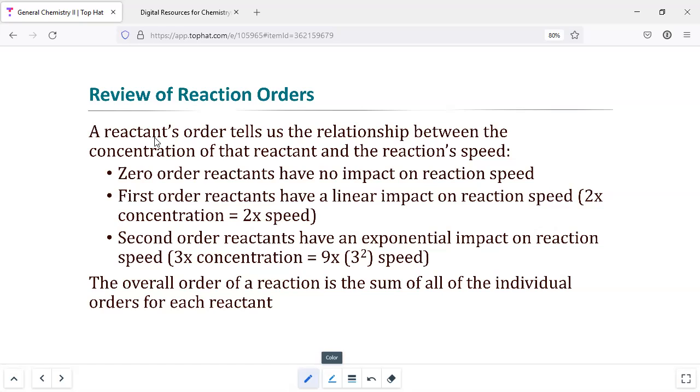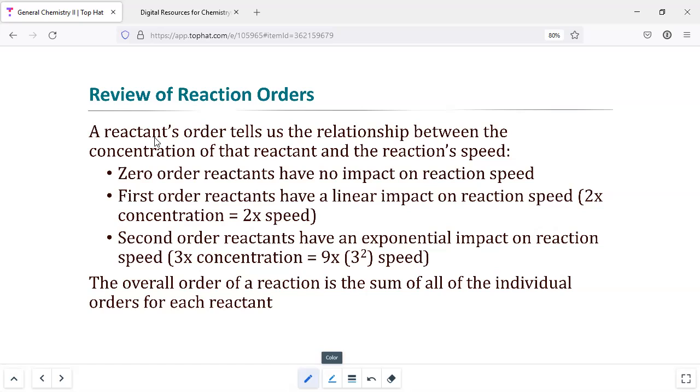That's kind of mind-blowing to think about, because what that says is, let's say I have a reaction between two substances. Well, I know from a general standpoint that if I raise the concentration, that should raise the reaction rate.